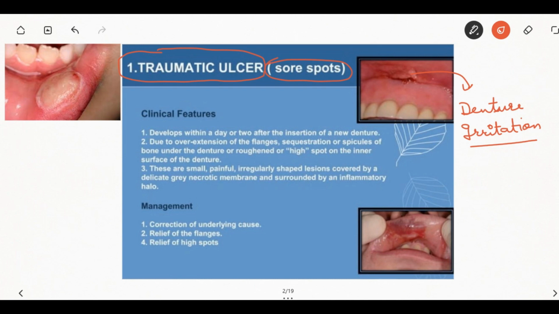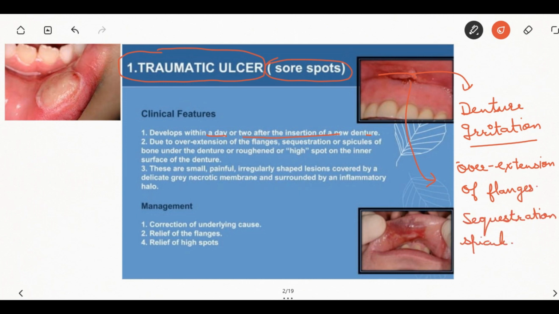So why does it occur? It occurs due to the overextension of the flanges or the spicules of bone that are present under the denture, or a high spot on the fitting surface of the denture. So these ulcers will be small, painful, irregularly shaped, covered by a delicate grey necrotic membrane.